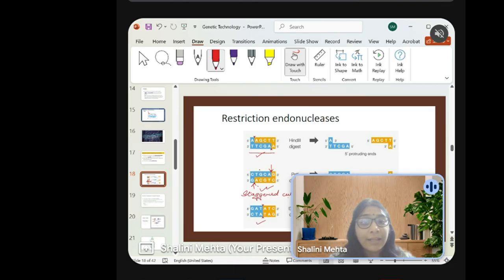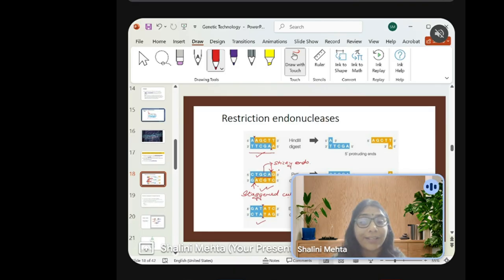This creates unpaired bases, which we call sticky ends. Sticky ends are those unpaired single-stranded bases at the end of each DNA strand.